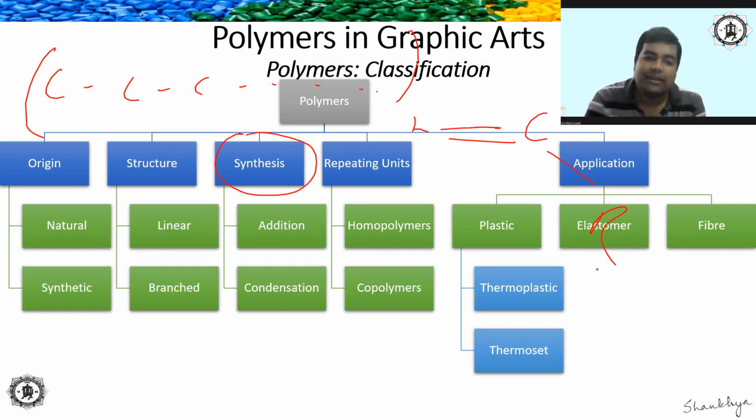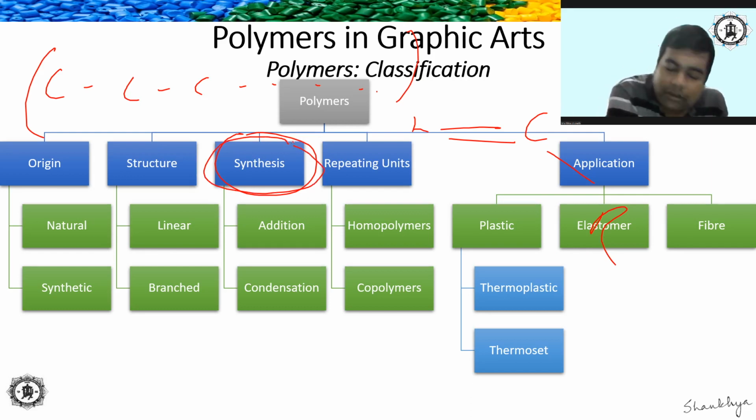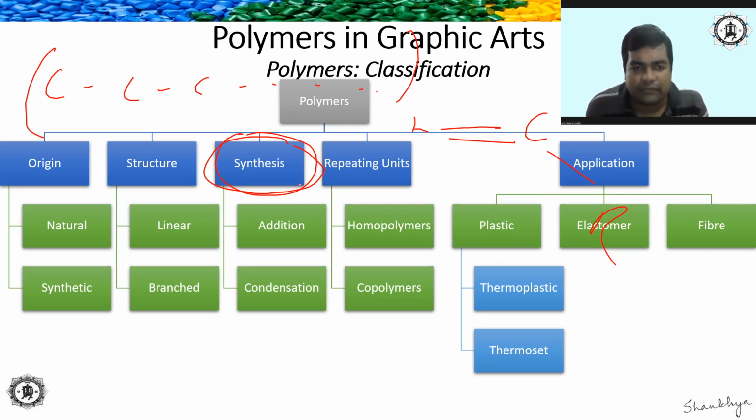So as we go ahead, first let us start with the classification of polymers based on the method in which they are synthesized. Either they can be addition type polymers or they can be condensation type polymers. Let us start in that way, otherwise everything might seem too much to take in for the first class.